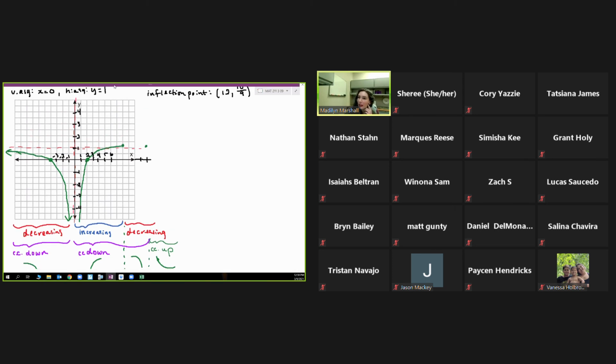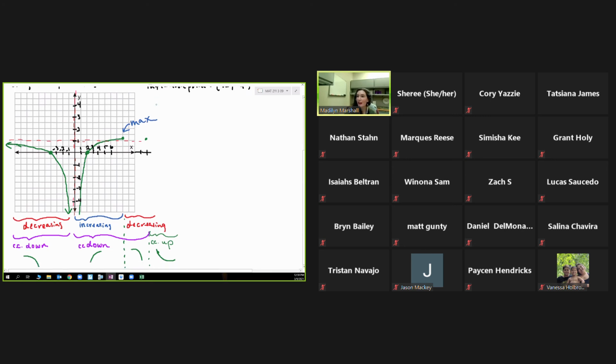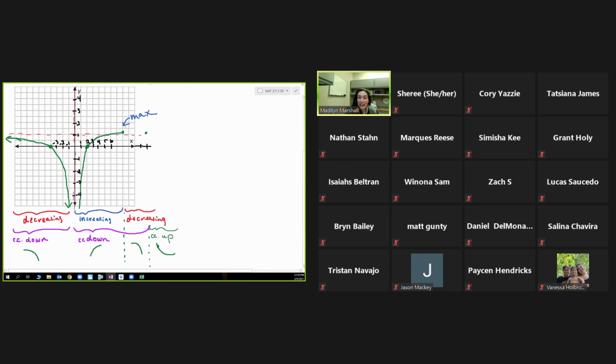So we have to remember that this is a max, even if it's a super slight max. Now it's decreasing because it reached its max, so it's going to start going down, but it's concave down. And it's just going to barely decrease to that inflection point. So it looks kind of flat, but it really did just barely hit a maximum right there.